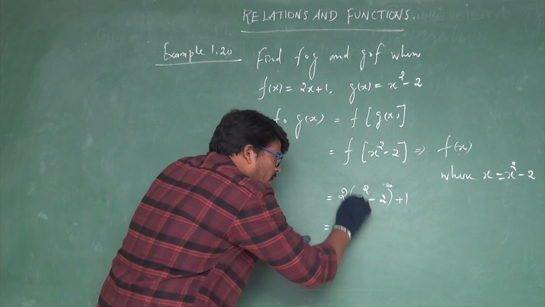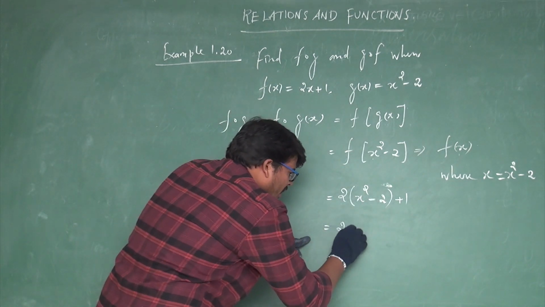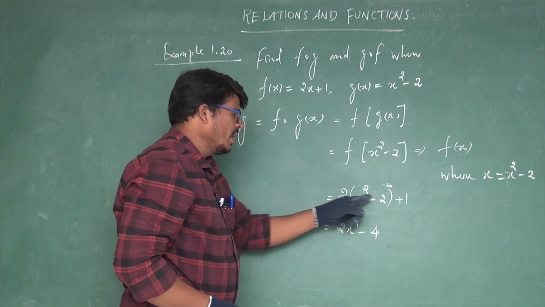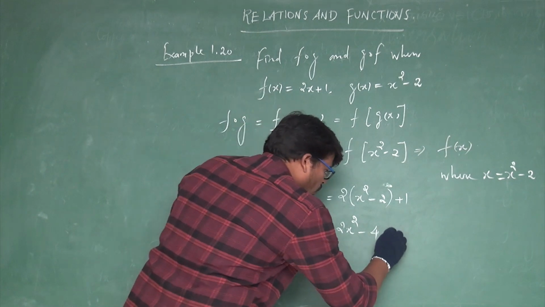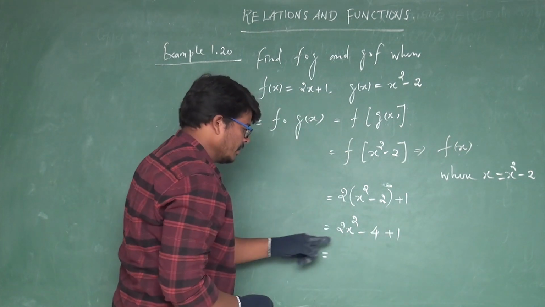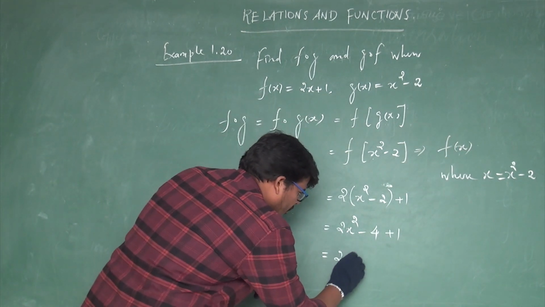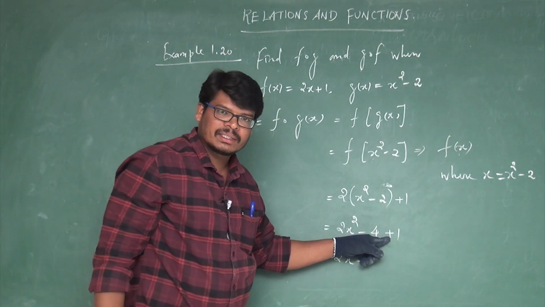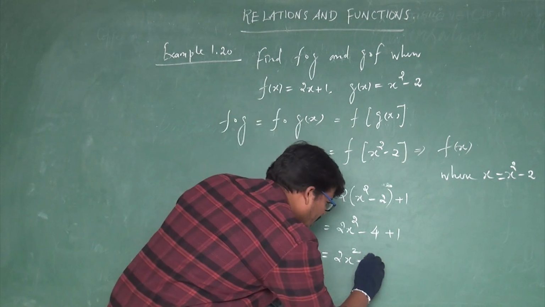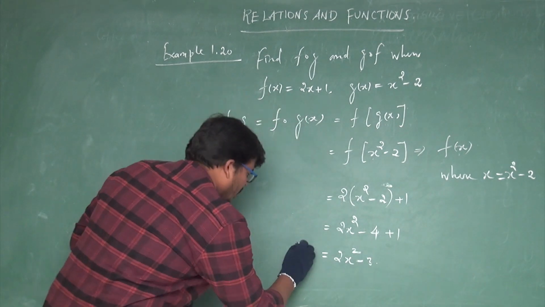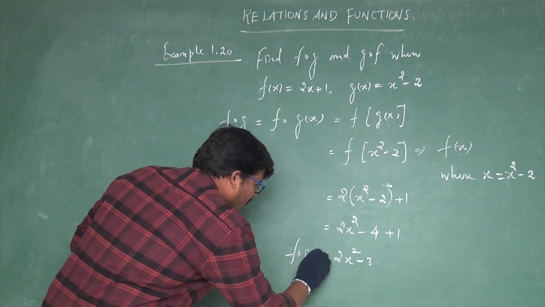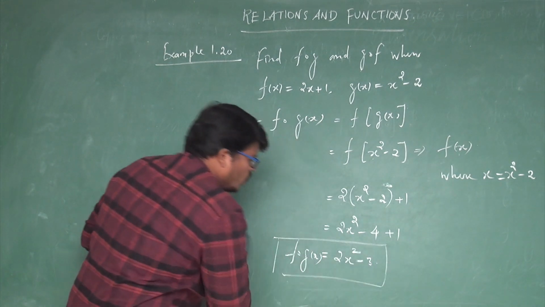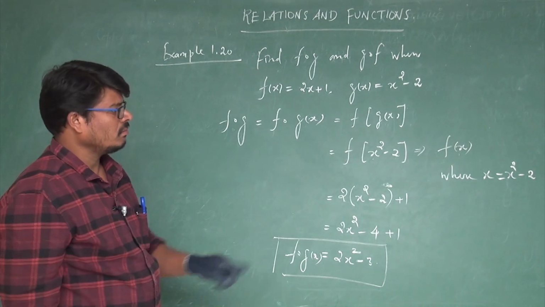Multiply by 2 in both terms: 2 times x² is 2x², 2 times −2 is −4, plus 1. That is 2x² − 4 + 1. Minus 4 plus 1 is minus 3. So f∘g of x is 2x² − 3.